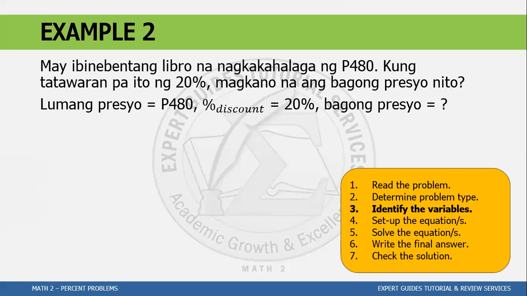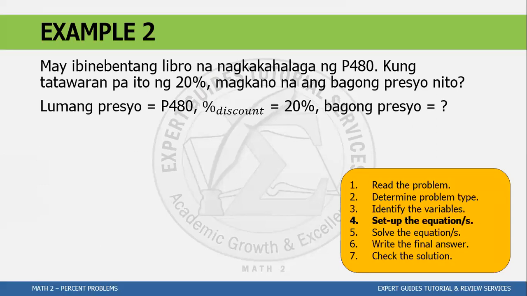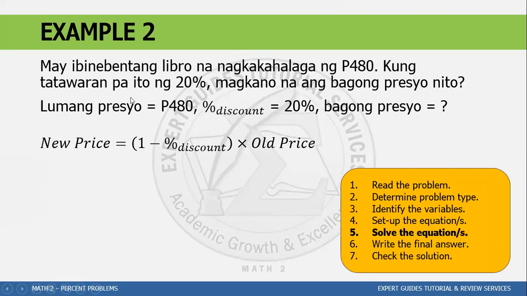So ano yung equation na gagamitin natin? Ito ang equation. New price equals quantity 1 minus percent discount and quantity times old price. Dahil meron tayong percent discount and old price. When we solve the equation, we can just substitute those numbers. So the new price is quantity 1 minus 0.2 and quantity times 480.